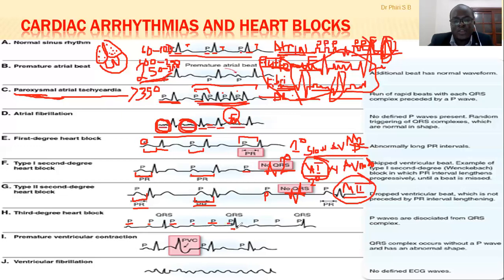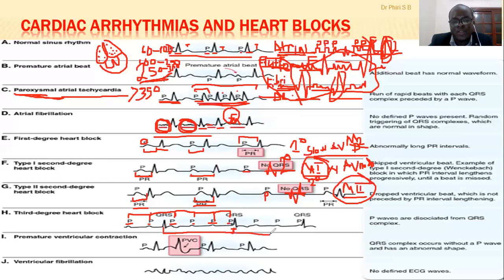But one thing that you need to know is that the PP interval will be consistent. From this P to another P, it will be the same time or the same distance. So you have a consistent P to P interval. Then you have a consistent R to R interval, or QRS to QRS. You can see this distance from this QRS to another QRS will be the same distance.